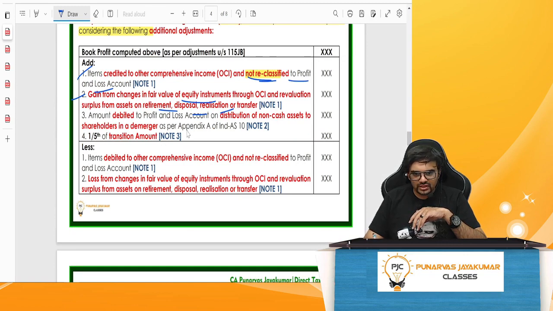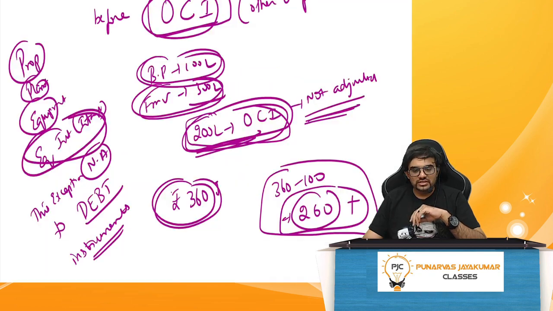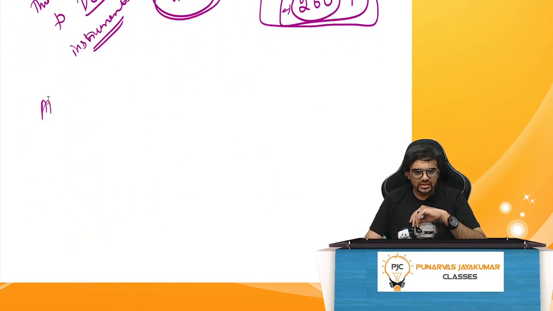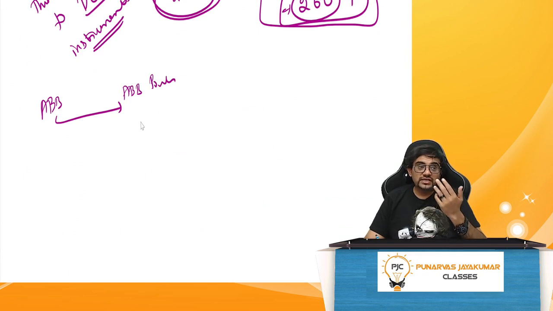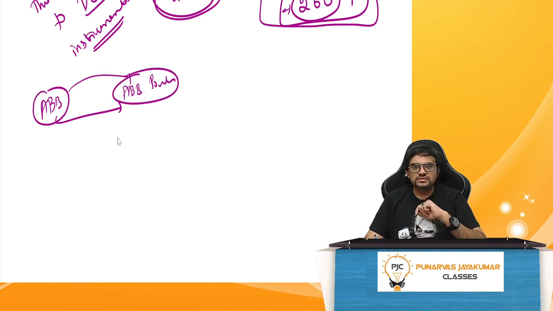Amount debited to P&L account on distribution of non-cash assets to shareholders in a demerger as per Appendix A in Ind AS 10. So guys, on demerger, for example, there is a company ABB, the first ever demerger in our country, it became ABB Power. As we have already seen in demerger and capital gain, the assets will be shifted from one to the other. The period of holding, cost of acquisition, everything will come from here.